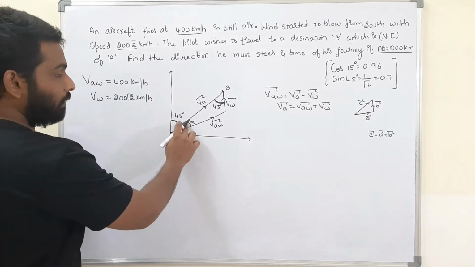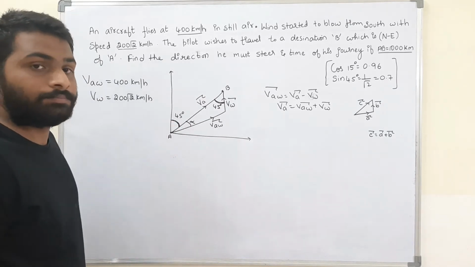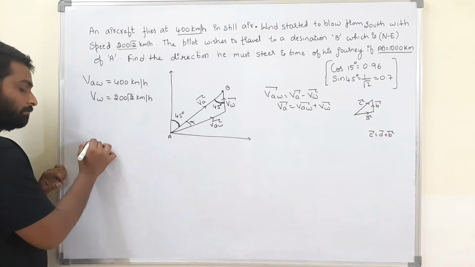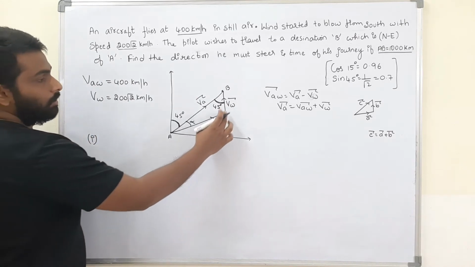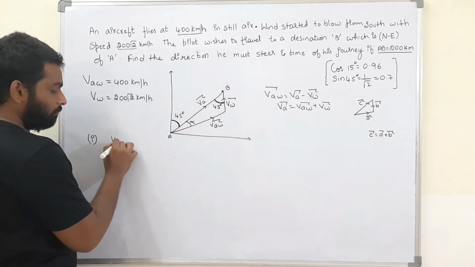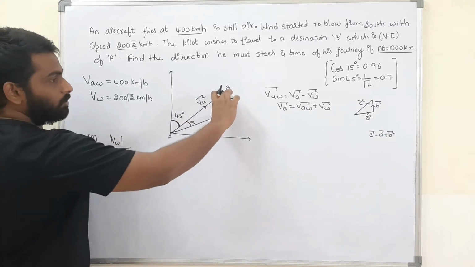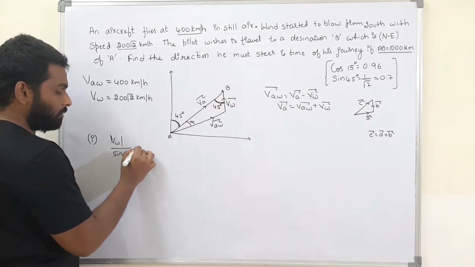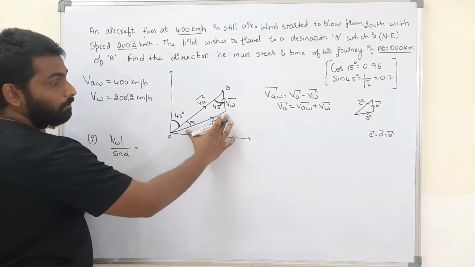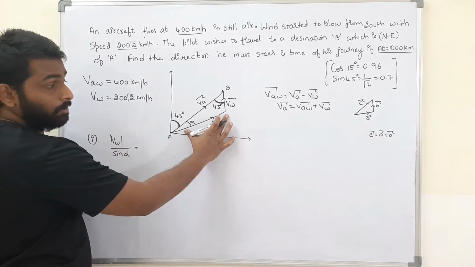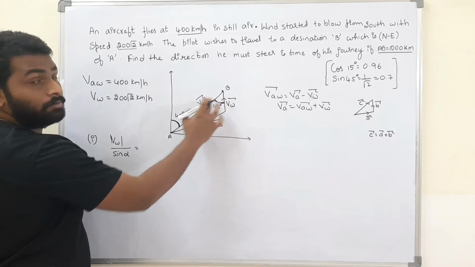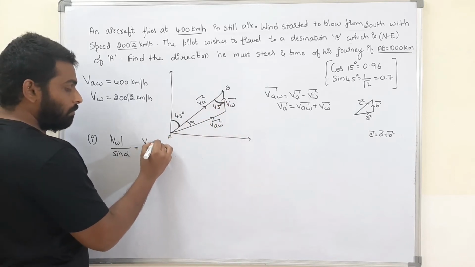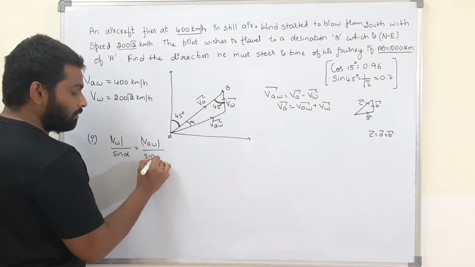Now I am going to find this alpha. How can I find that alpha? Use the sine rule. VW, the opposite angle to VW is alpha. Therefore, VW by sine alpha must be equal to VAW, but what is the opposite angle to this? 45. That is VAW by sine 45.